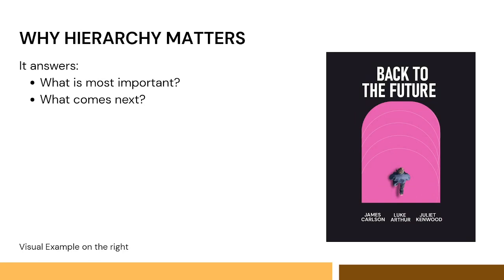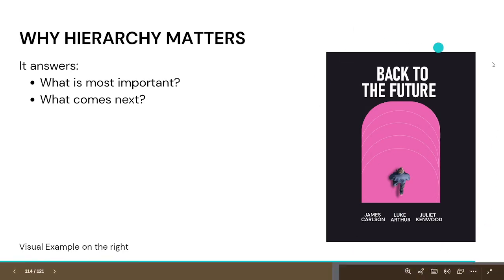Why does hierarchy matter in design? I want us to unmute our mic and tell me the first thing we notice in this flyer by the right. Let's observe this poster.